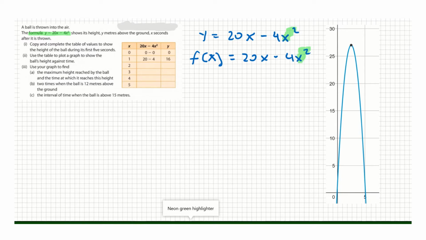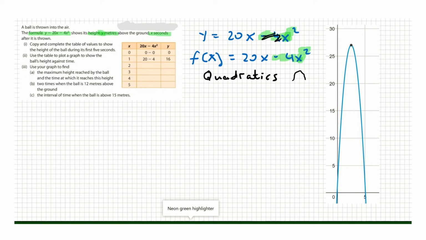Okay, so do you know what type of function that is? Okay, it'll be a quadratic. And if we look a little closer, we can see it's minus 4x squared, which you expect to give a U shape. So the relationship between y shows its height, y, above the ground in meters, and x seconds.